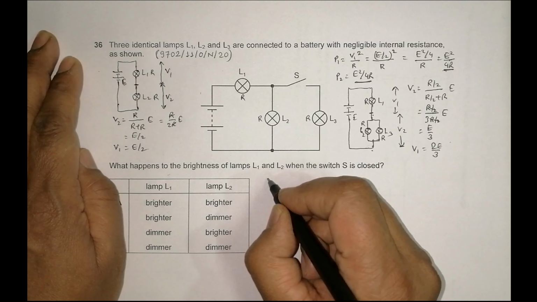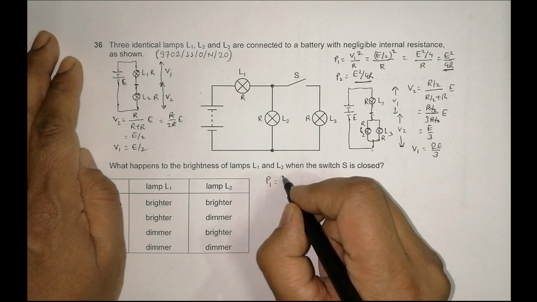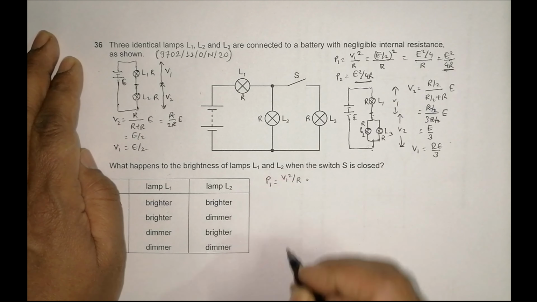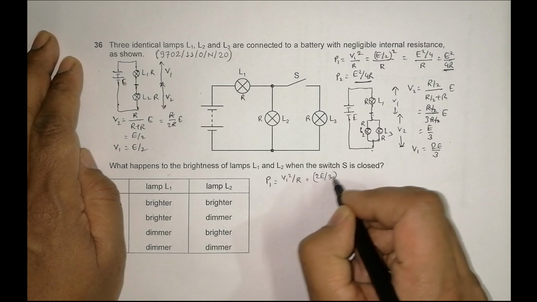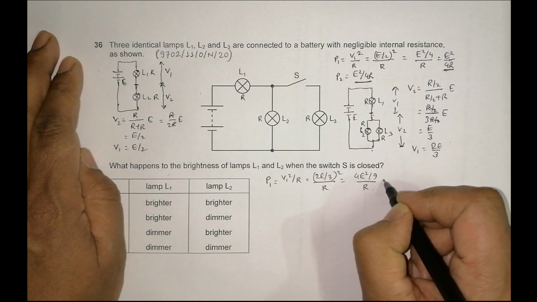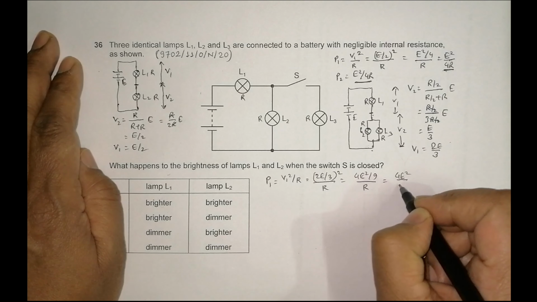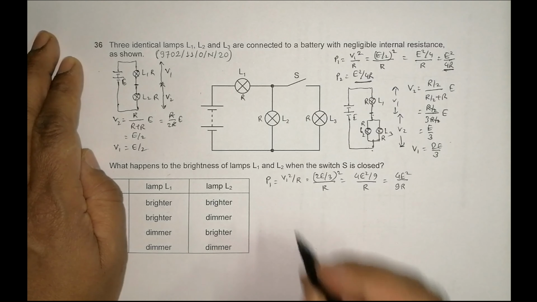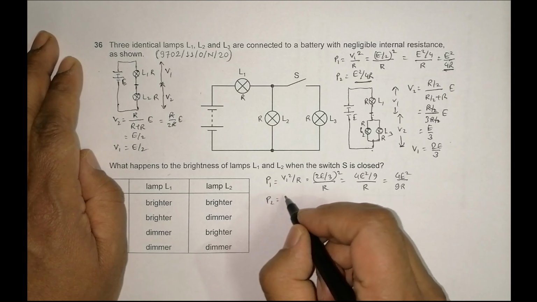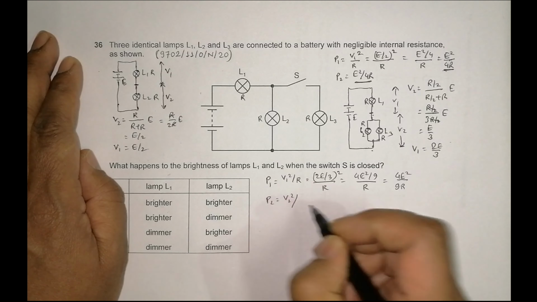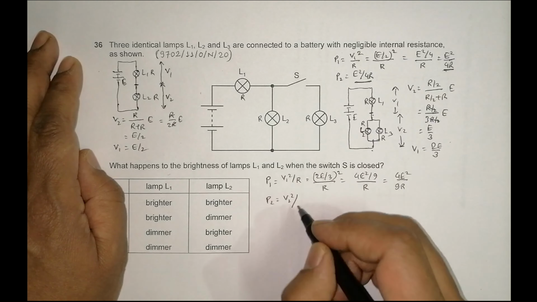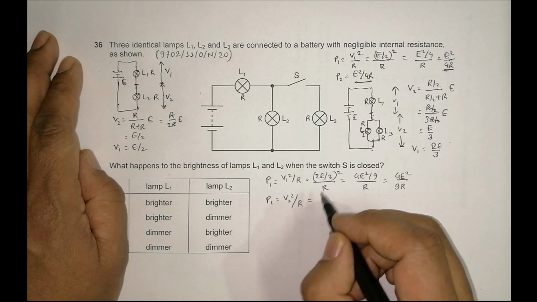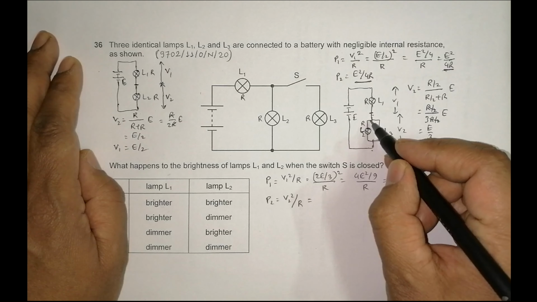So therefore, the new power 1 should be equal to V1 squared by the resistance, equal to 2E by 3 squared by R, equal to 4E squared by 9, then R, equal to 4E squared by 9R. Then P2 is equal to V2 squared by R, so P2 means the power consumed by this lamp, and its resistance is simply R. V2 is the PD across this lamp.